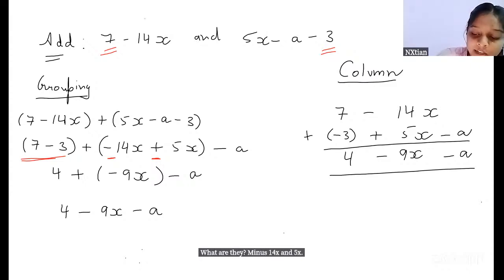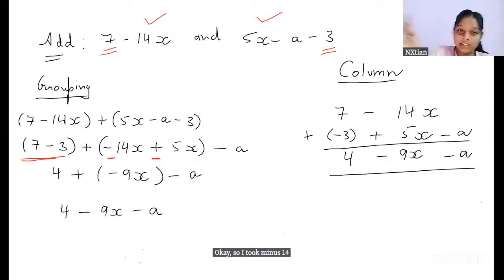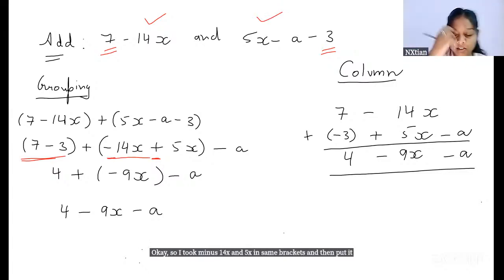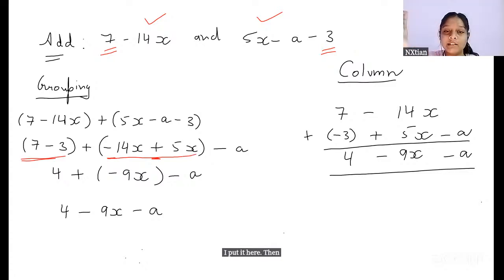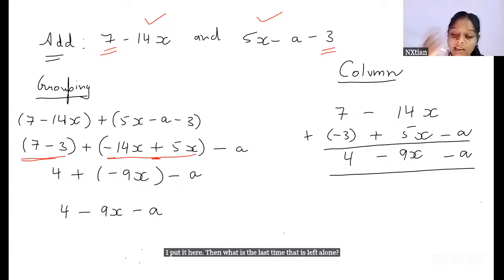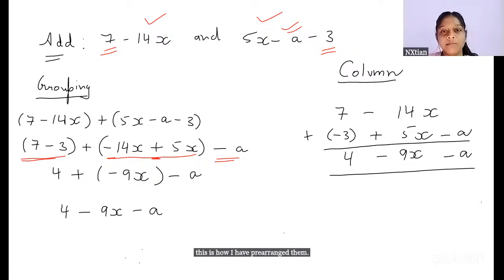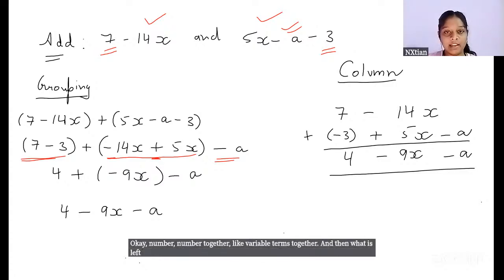I took them in the same bracket. Then what is the last term that is left alone? Minus a. So you put minus a at the end. This is how I have rearranged it: numbers together, like variable terms together, and then what is left, you put at the end.